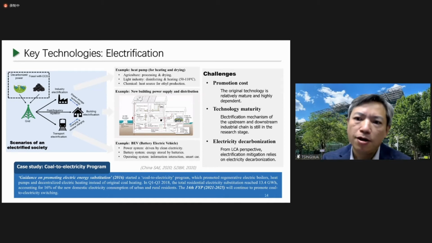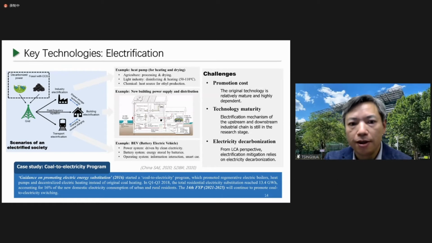It promoted regenerative electric boilers, heat pumps, and decentralized electric heating instead of original coal-fired heating in northern China.